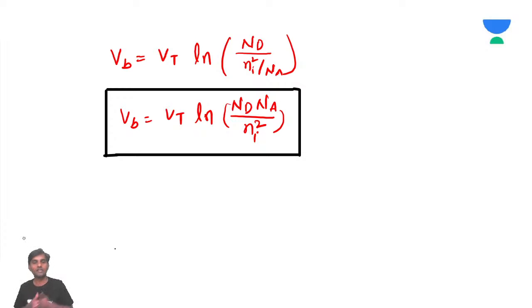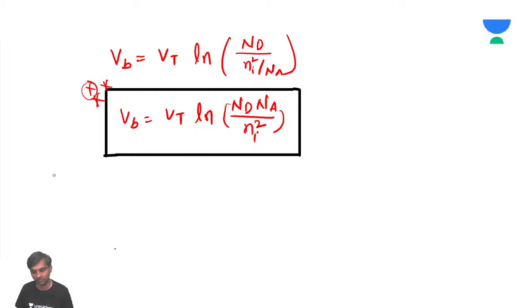So Vb is equal to Vt into natural logarithm of ND NA by ni square. Very, very important formula. He may simply ask you all these things.